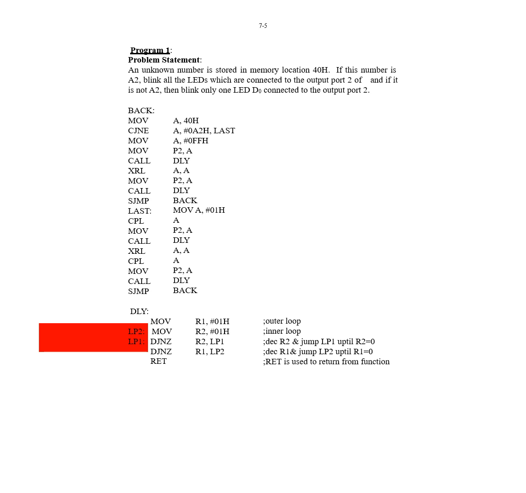Okay, so first you make a delay program. You write here a delay program, any delay program. To make the delay small, I put a small number here, 01 01, so the delay will be very small. Then move A, 40, the data goes to A. Then you compare with 0, A2.